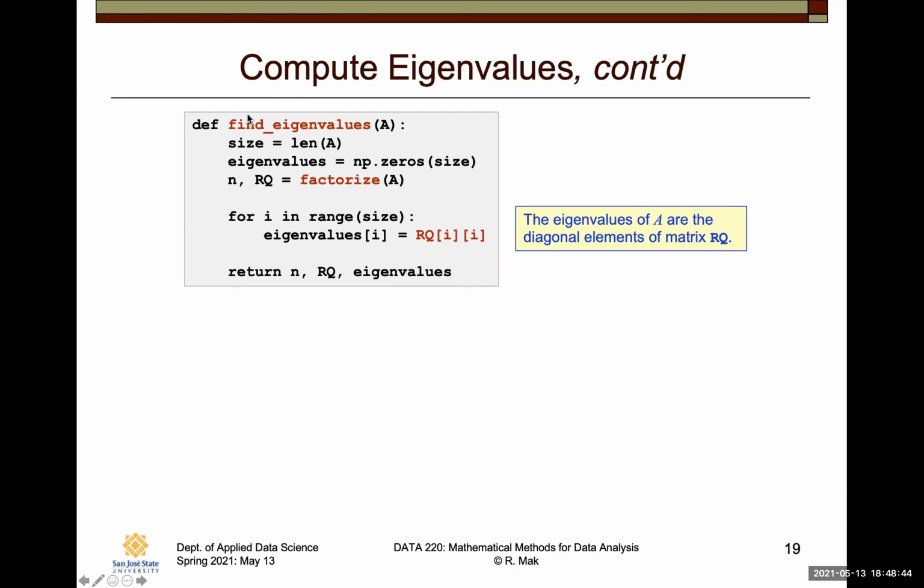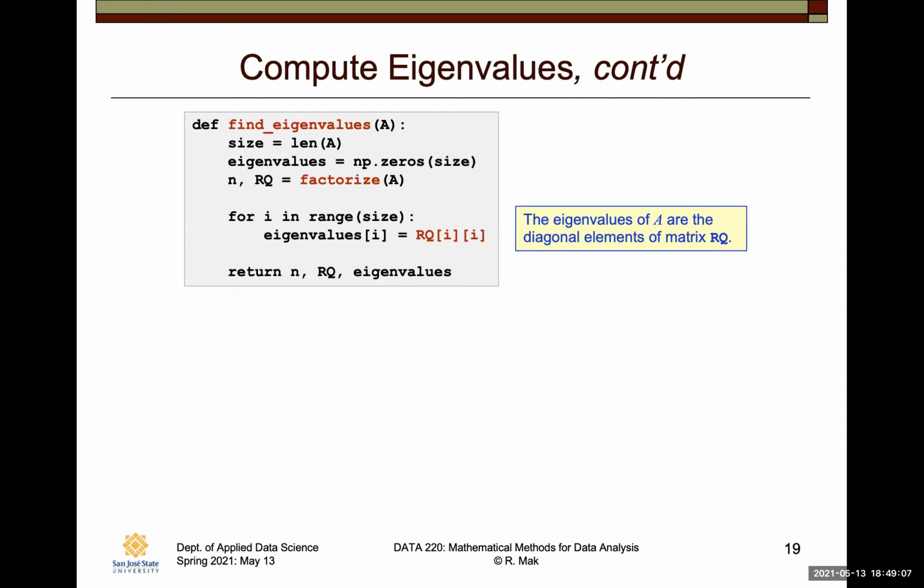This function returns n, the size of A, the upper triangular matrix in case you want to do something with it, and then the eigenvalues. So this function returns 3 items, which you have to unpack when you get back the return values.